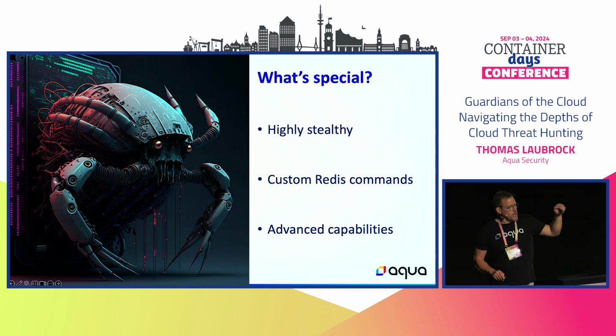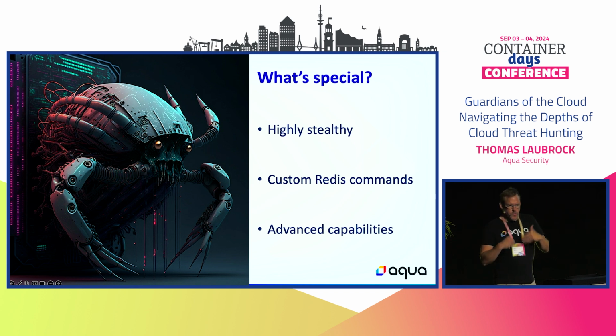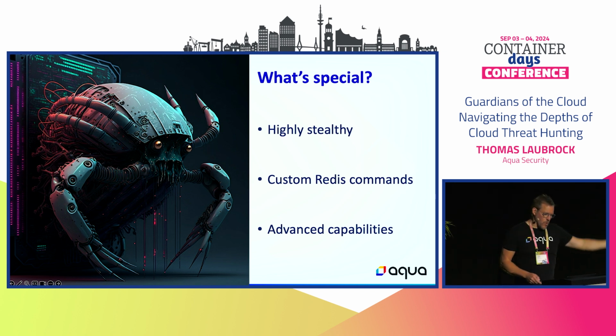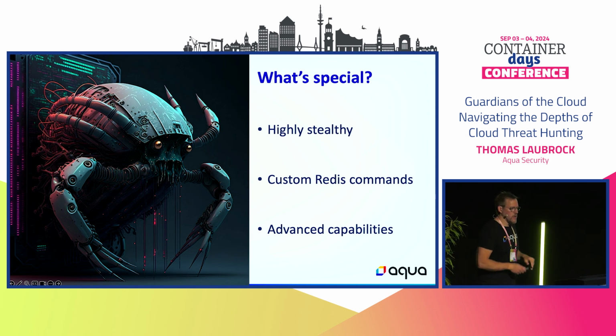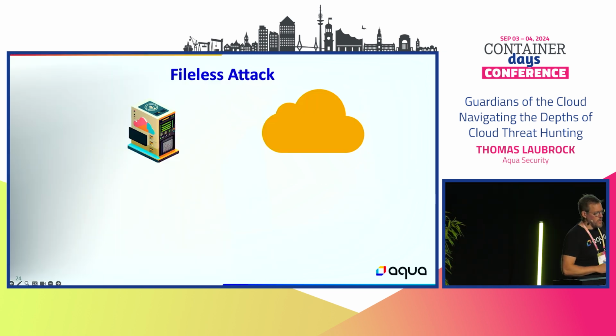What they did with this malware, they extended the command set of Redis to control the Redis server, and of course it is a Trojan. So this is a command and control channel. The command and control channel used the Redis protocol, so it doesn't generate network anomalies. So you still have the Redis protocol as expected flowing through your network, right?